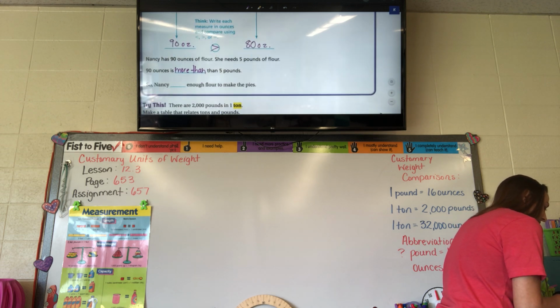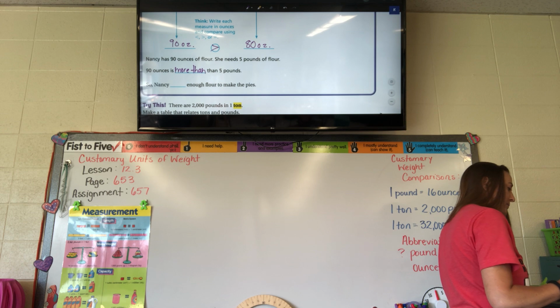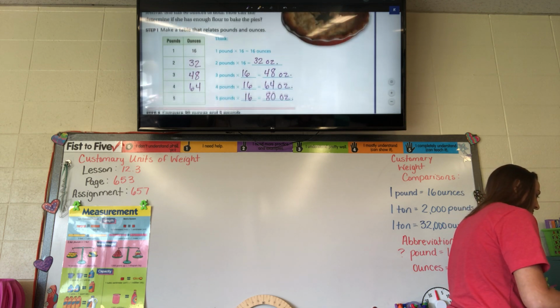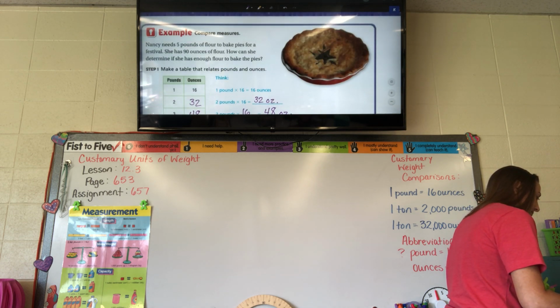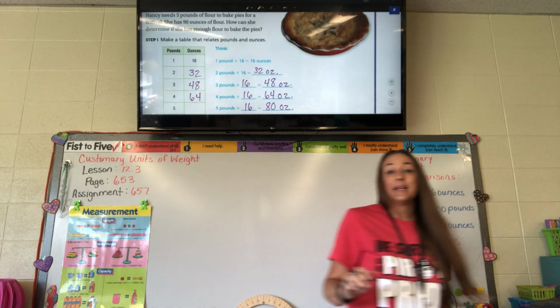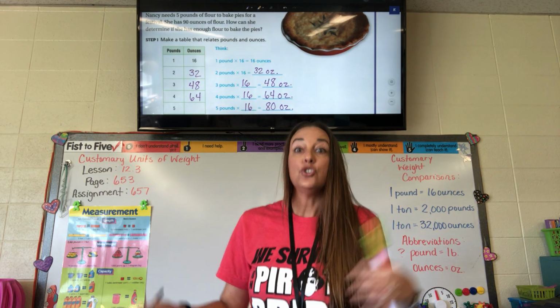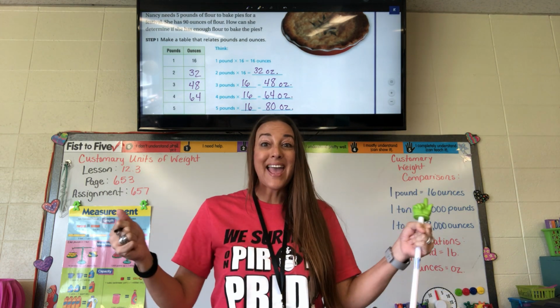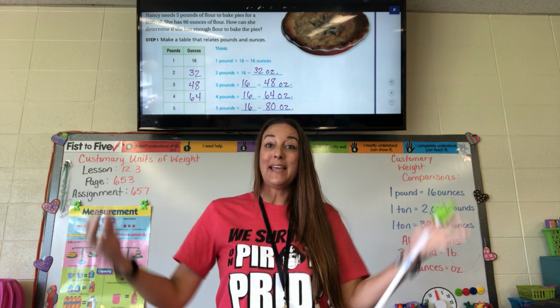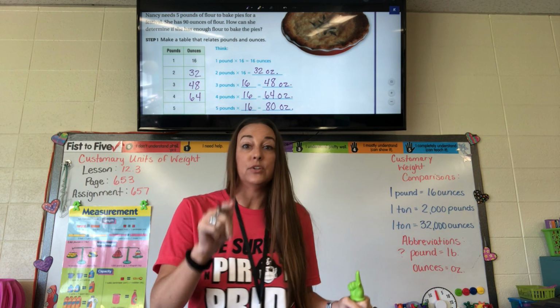So Nancy, whoa, hang on, let me make sure I'm doing this right. I got mixed up. She needs 80, she has 90. Yay for Nancy! She can make the pies. Okay, I got it backwards. I apologize.